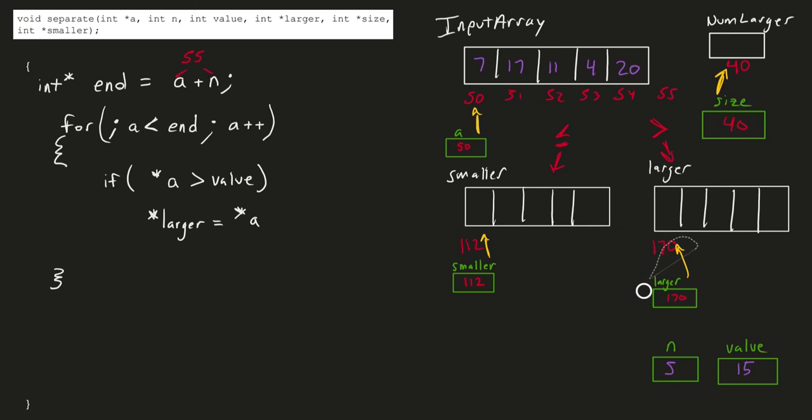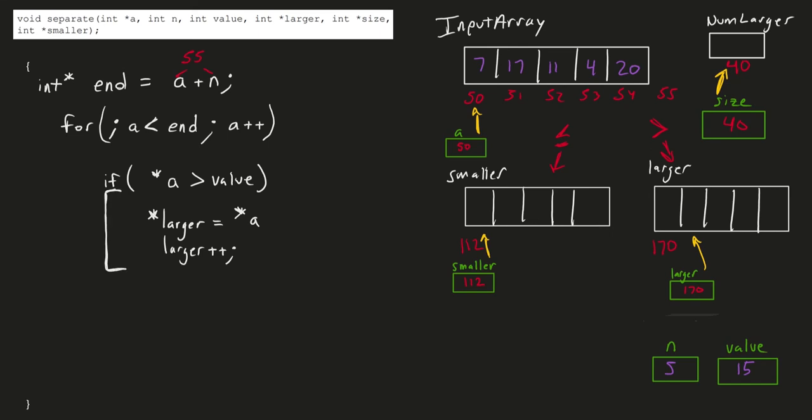And then of course I want to make sure that this guy increments to the next empty cubbyhole so we can put the next larger value. So after that I'll have to increase larger by 1. Those are my pretend curly parentheses.